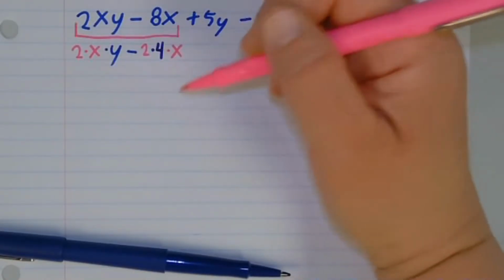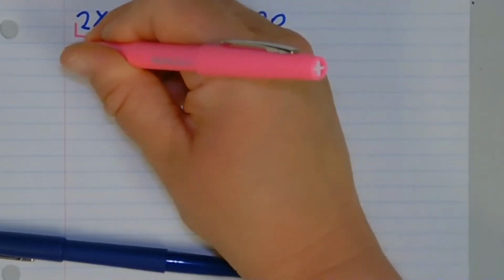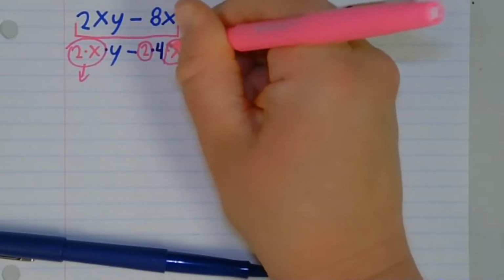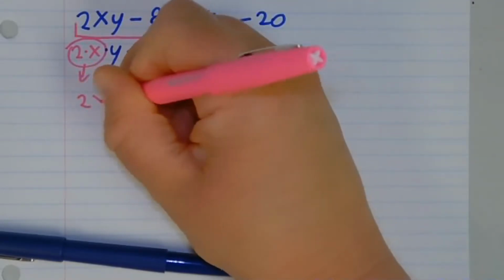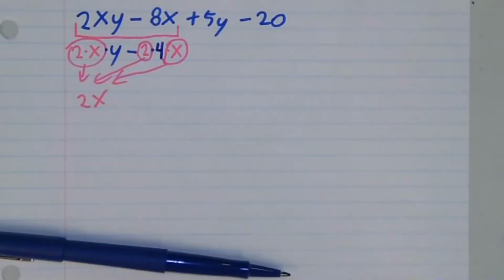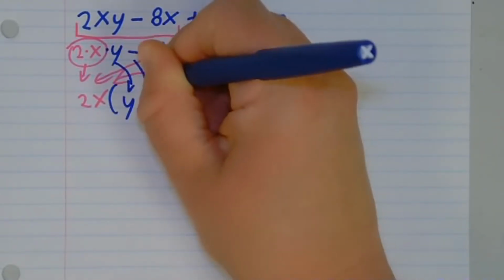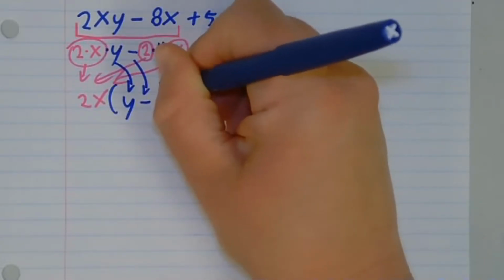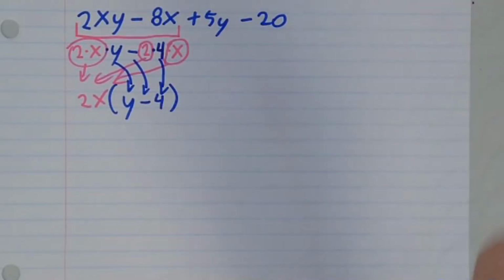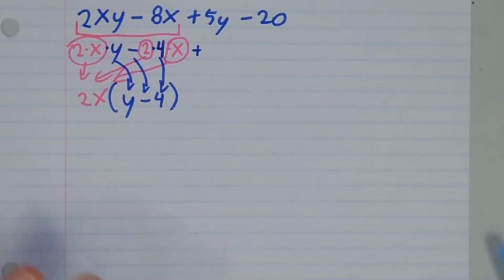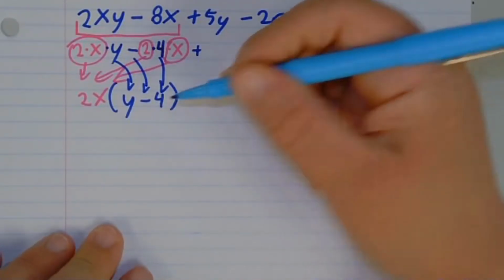I have a 2 and an x in each of these, so I can factor out that 2x and bring it out in front of my multiplication problem. And what I'm left with in there is y minus 4. And then we'll see if I can use that strategy again with my other two terms and get the same y minus 4 when I'm done.